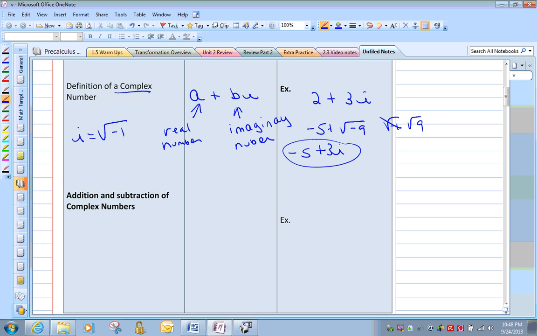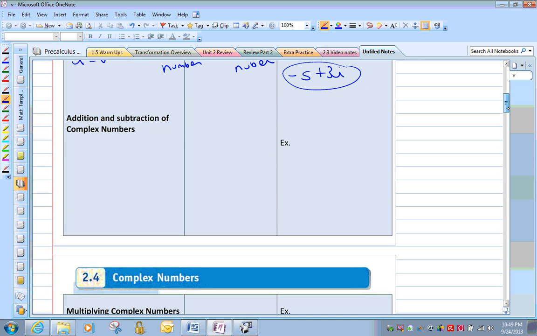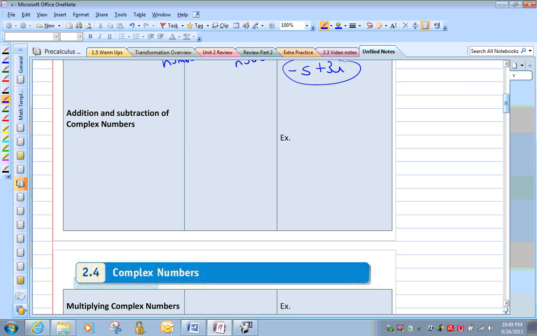So that would be our answer there. All right, I know you've dealt with these before, so let's move on and start combining them, adding and subtracting complex numbers. Let's take a look at a couple of examples. Let's take 4 plus 7i, and we want to add to that 1 plus 6i.